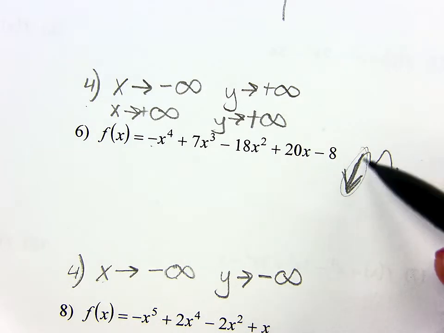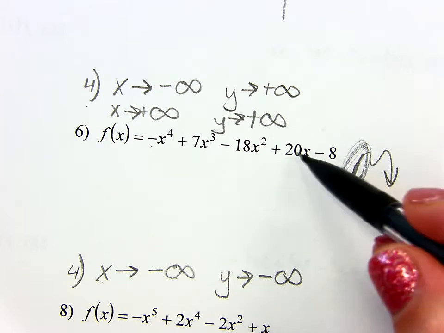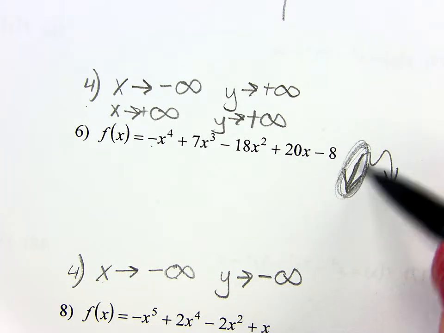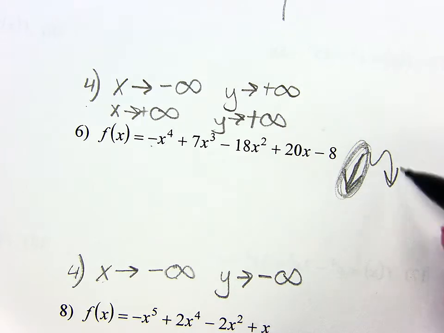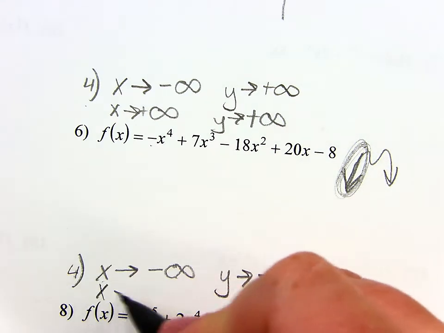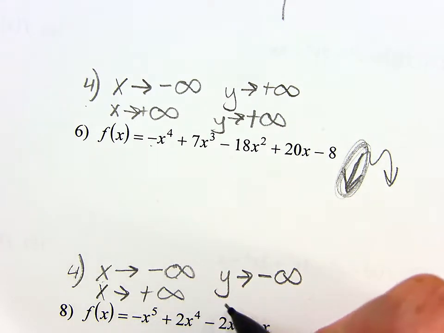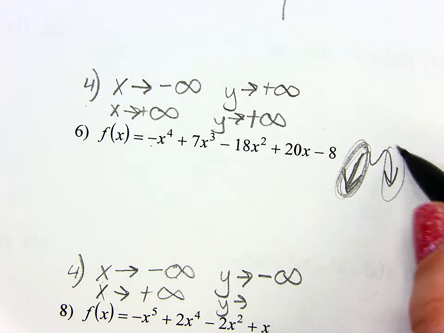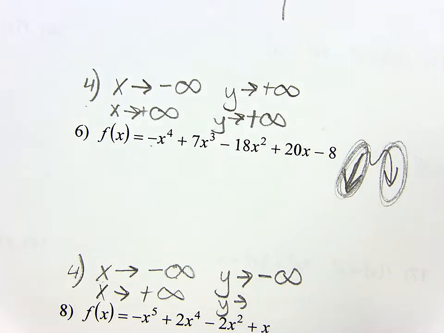As x, the left-hand branch, goes to negative infinity, the y value is going down. What's happening as x goes to positive infinity? What's happening to this y? That's the right-hand branch. He's going negative. That's it.